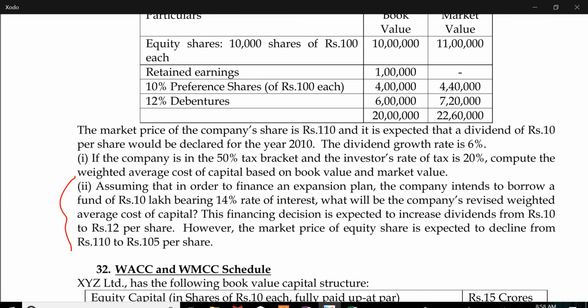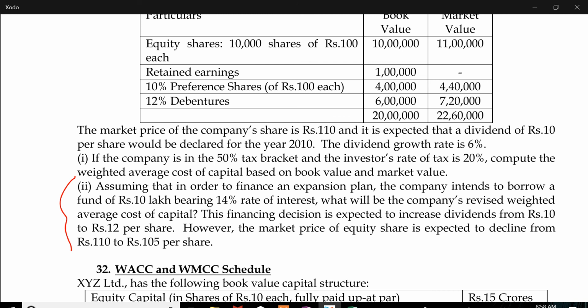Now please listen, I'll have to write an assumption. Whether it is D0 or D1, I have told you the rule: when they say it would be declared for 2010, it will take time for them to declare and for the payment to happen. If this time period is something like 1 to 2 months, then it is technically D0, because you invest and immediately get it. If it's going to take 6-7 months, it is D1.